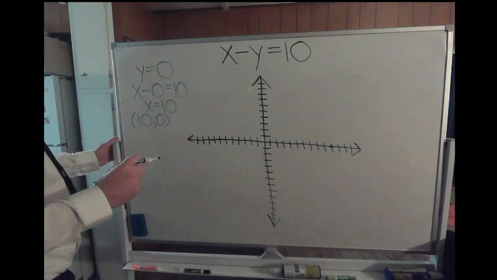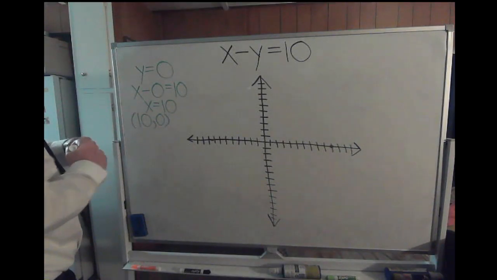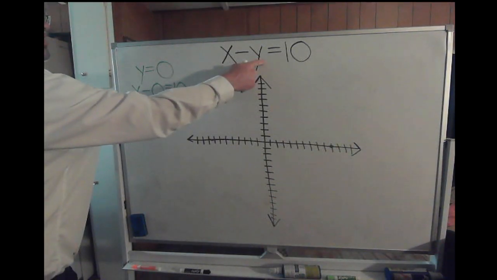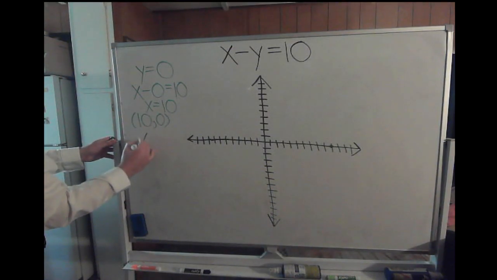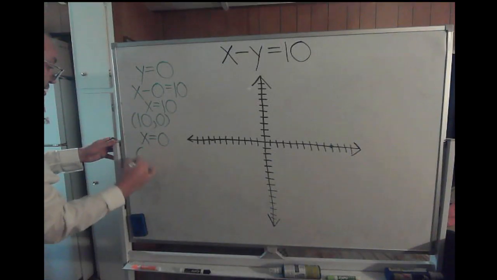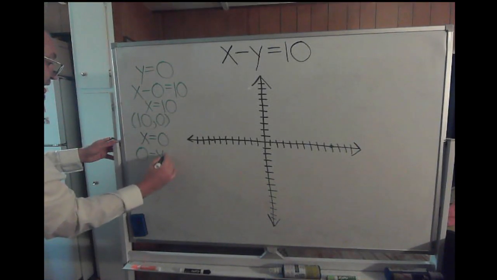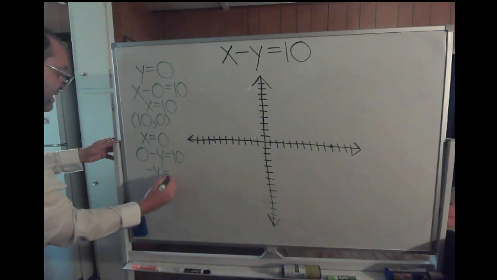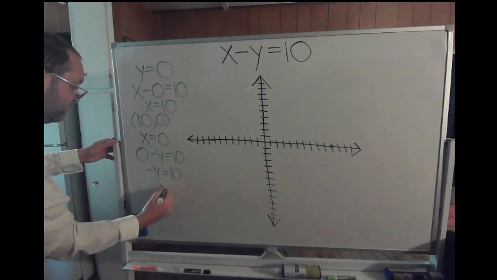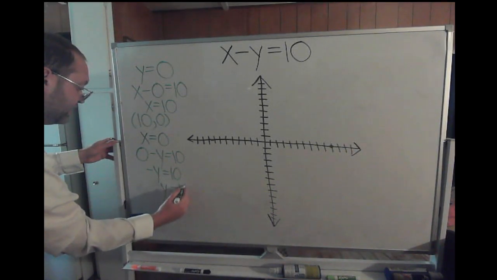Now, we want to find the y-intercept. The y-intercept is when x equals 0. So when x equals 0, you put that into the equation, 0 minus y equals 10, you would get negative y equals 10, which would simply give you y equals negative 10.